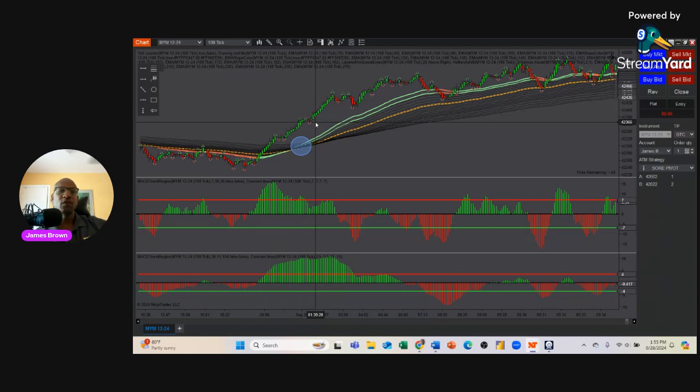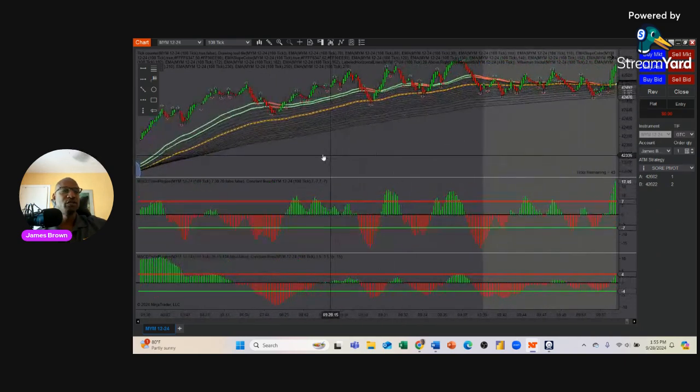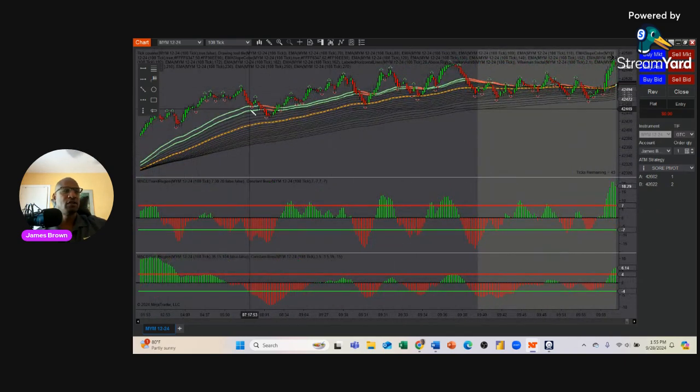Wait for it. The criteria for me is to wait for it to get to the moving average. It has to touch the moving average. That is one of the criteria. Wait until it touches the moving average, which it does right there.